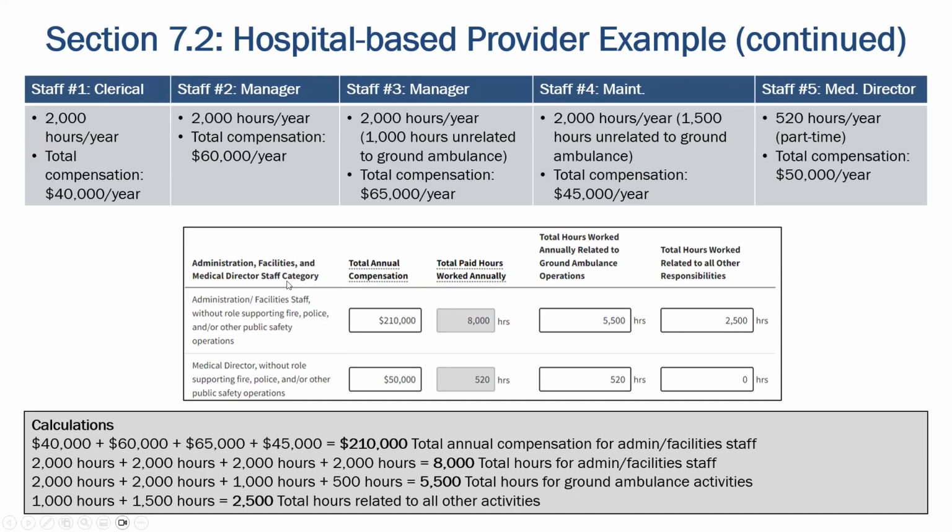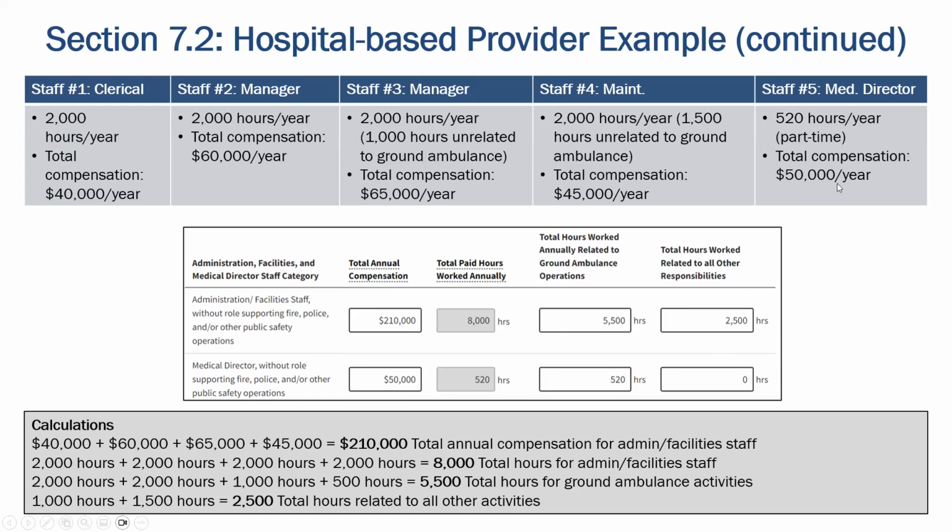staff category. So you have 40,000 plus 60,000 plus half of 6,500 plus 1/4 of 2,000 times 45,000, and that equals your 210,000 and your grand total of 8,000 hours worked across ground ambulance and other responsibilities.